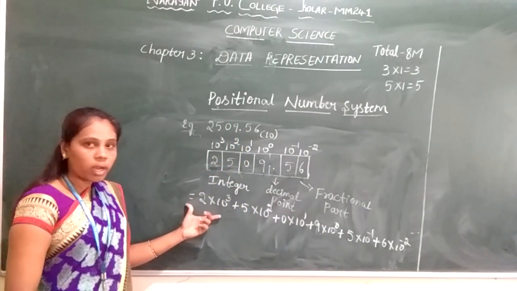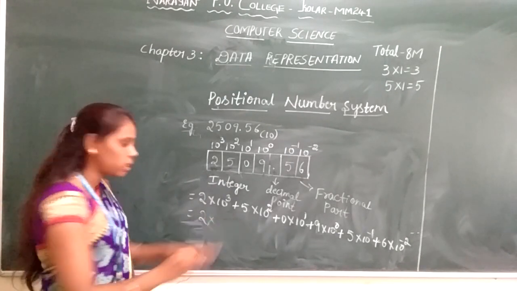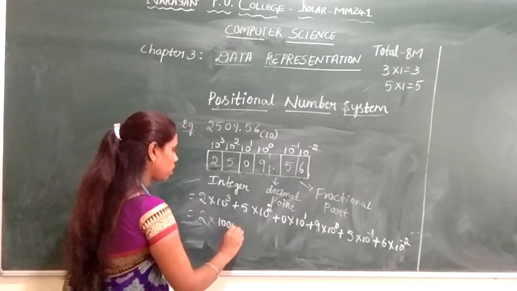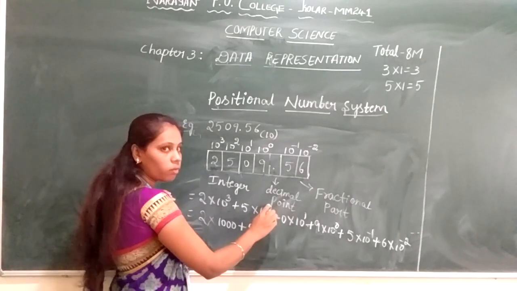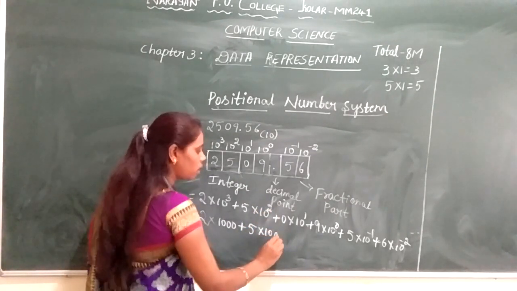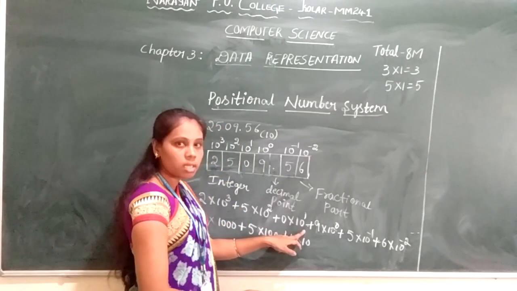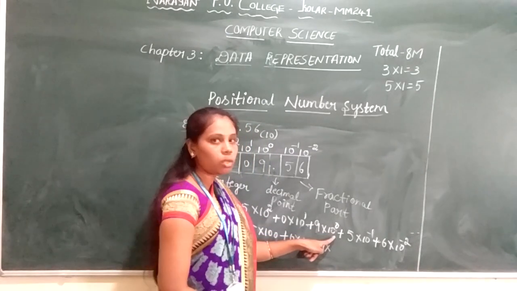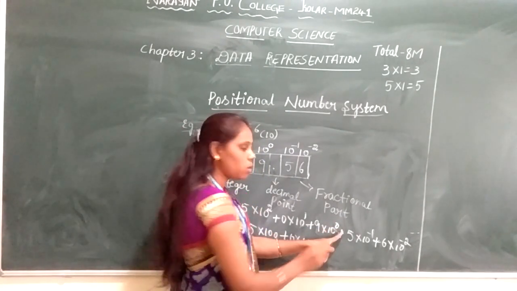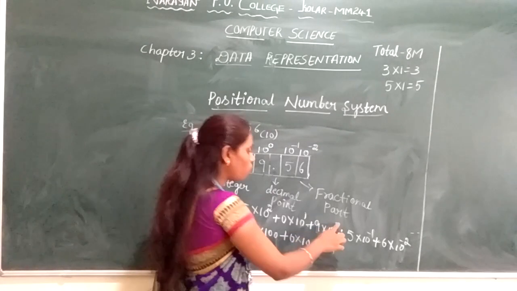Now I'll expand the terms. 2 into 10 cube is nothing but 2000, plus 5 into 10 power 2 is 500, plus 0 into 10 power 1 is 0, plus 9 into 10 power 0. Anything to the power 0 is 1, so 10 power 0 is not 0, it is 1.